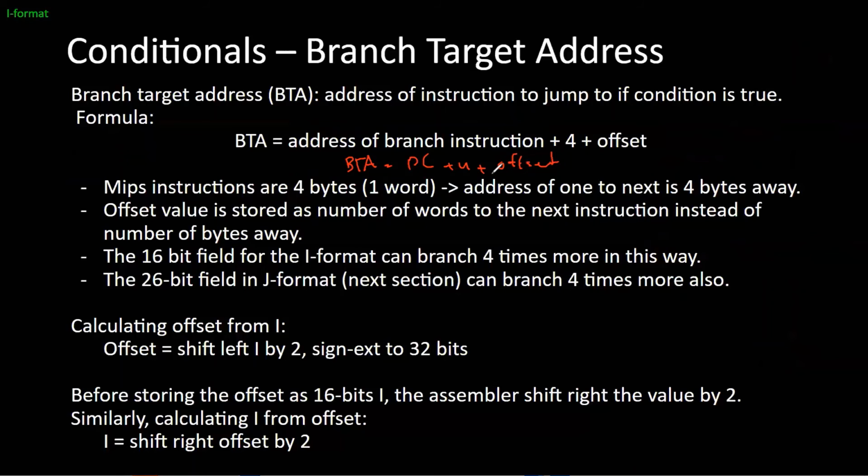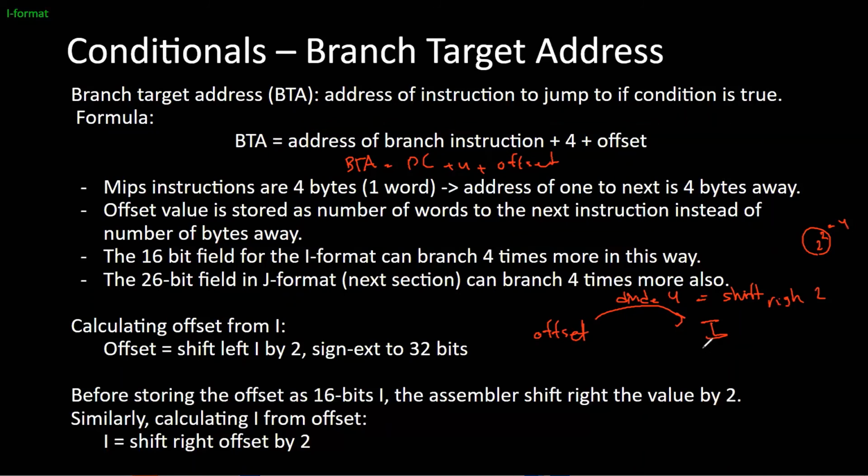But what you actually have in that I value in your instruction is not the offset. So we have offset and we have I. If you are converting offset to I, you have to divide by 4. Also, you can say shift right by 2, because 2 to the power of 2 is 4.